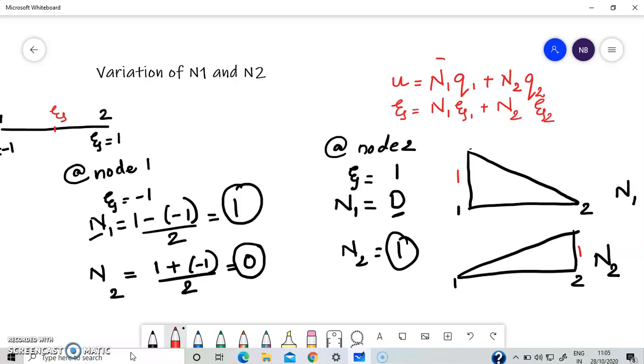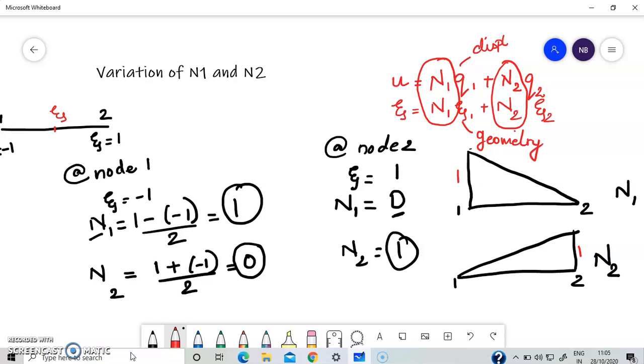So notice here that the same functions N1 and N2 are used in both the equations, whether we want to find some intermediate displacement or intermediate geometry.